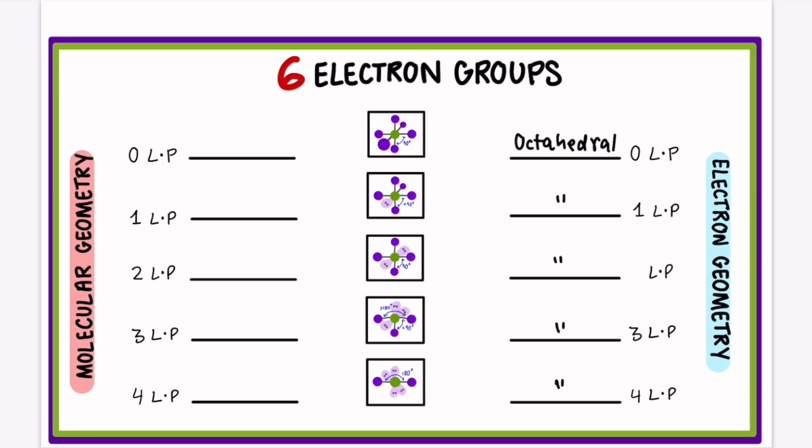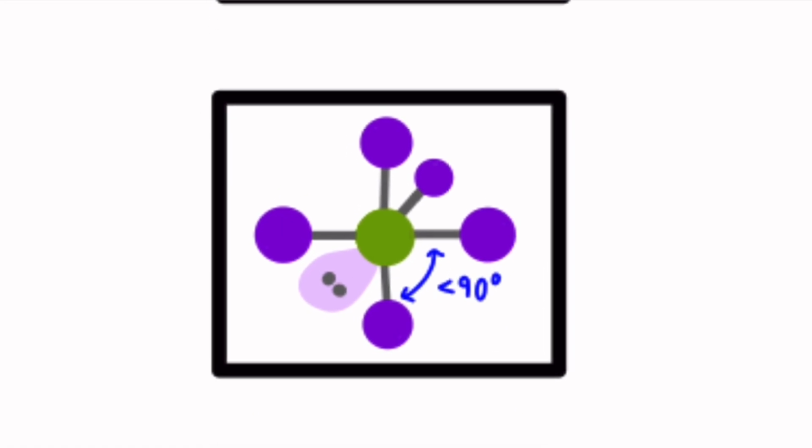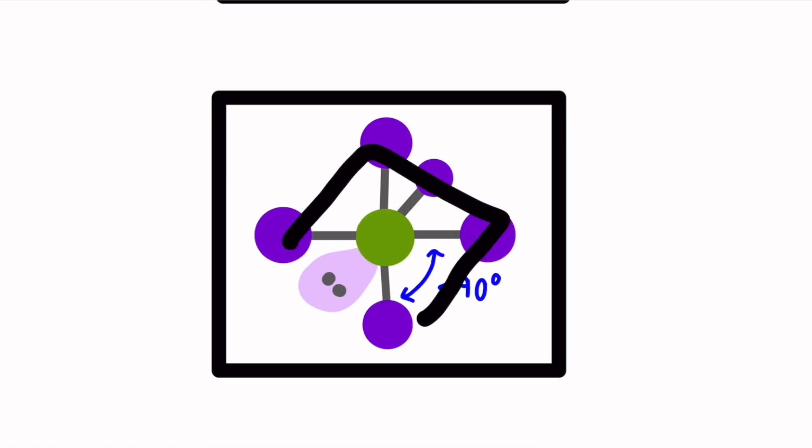Its molecular geometry with 0 lone pairs is also called octahedral, and the corresponding bond angle is 90 degrees. Its molecular geometry with 1 lone pair is called square pyramidal, and the corresponding bond angle is slightly less than 90 degrees, and it's like a pyramid with a square at the base.